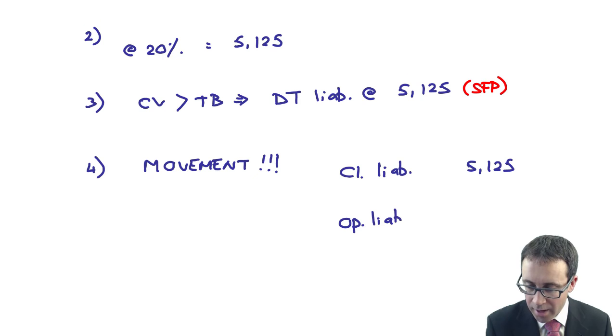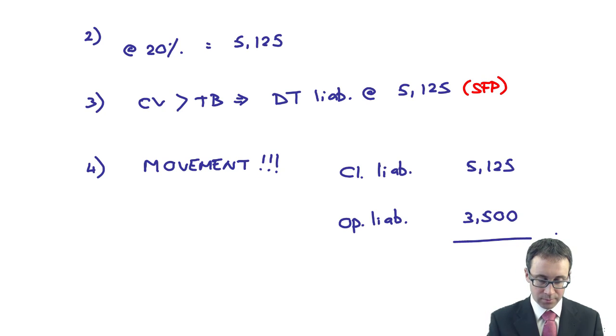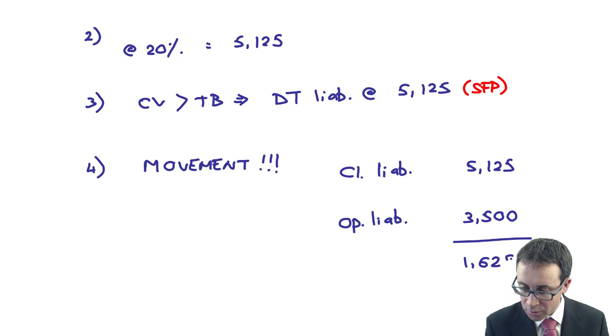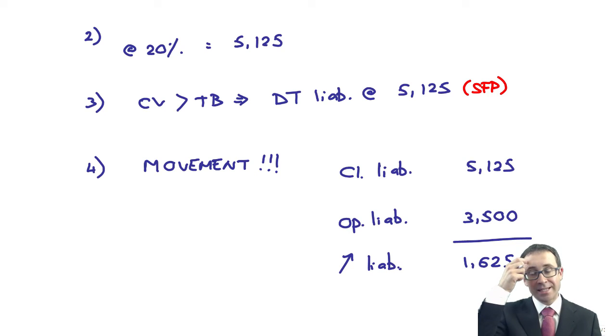My opening liability, I think, was 3,500, wasn't it? So what you have there is the movement is 1,625, an increase in your liability, isn't it?